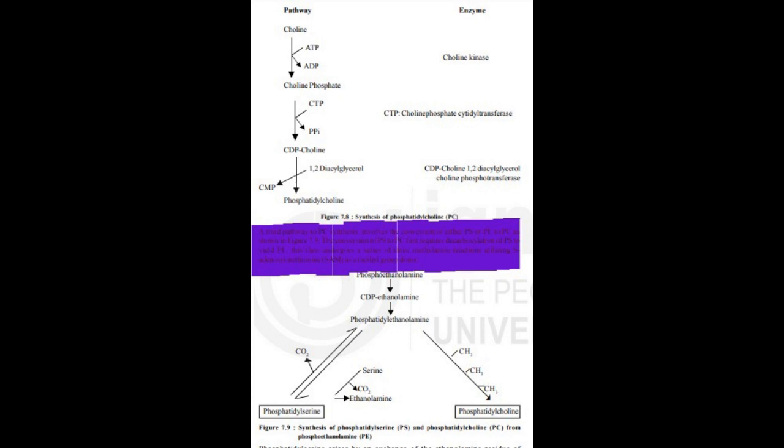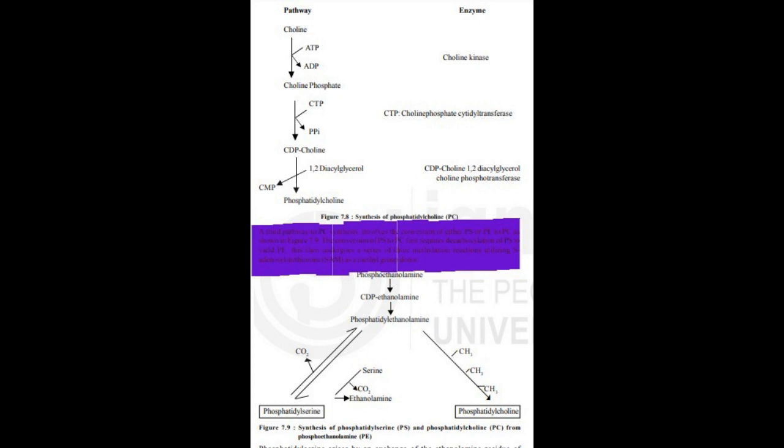The conversion of PS to PC first requires decarboxylation of PS to yield PE. This then undergoes a series of 3 methylation reactions utilizing S-adenosylmethionine, SAM, as a methyl group donor. Figure 7.9, Synthesis of phosphatidylserine, PS, and phosphatidylcholine, PC, from phosphatidylethanolamine, PE.